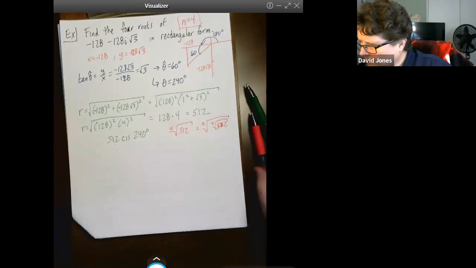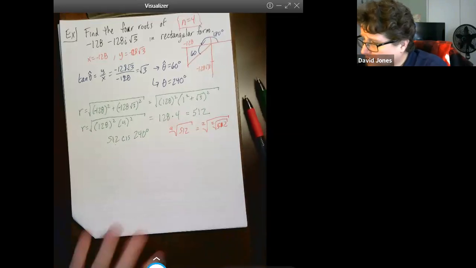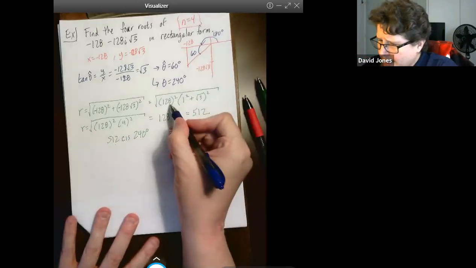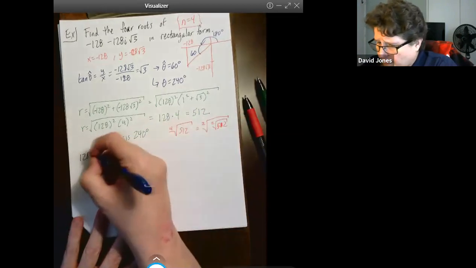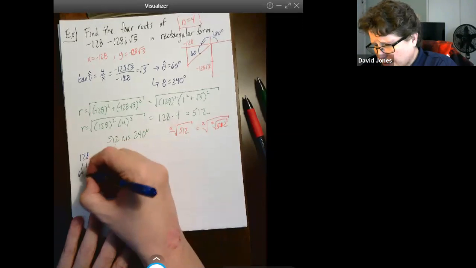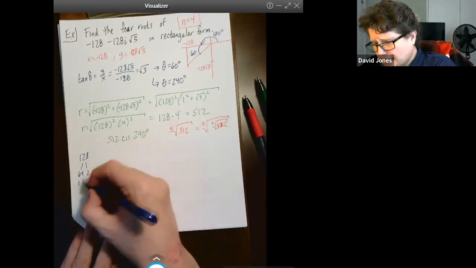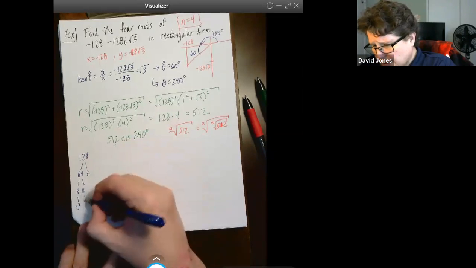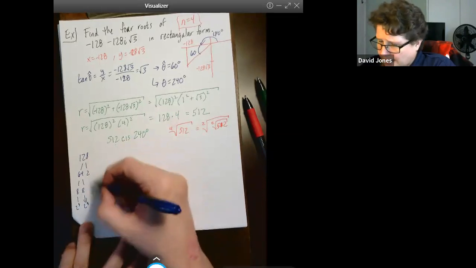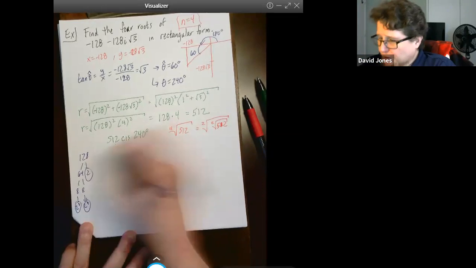Let's see if there's another way of writing this. Let's see, 128 is 64 times 2. This is 8 times 8. This is 2 cubed, 2 cubed. I got a 2.